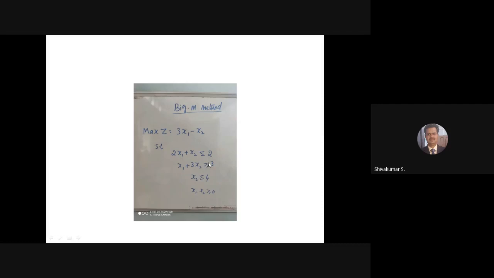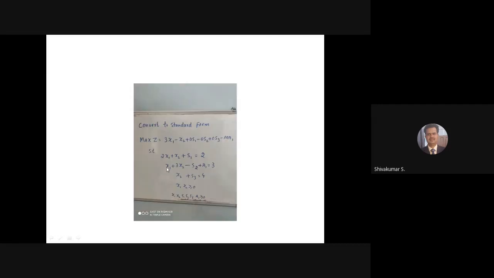In the second equation, you have a greater than sign. So x1 plus 3x2 minus s2, which is called a surplus variable, because for a greater than sign you introduce minus s2.